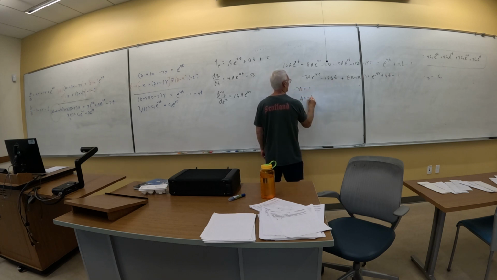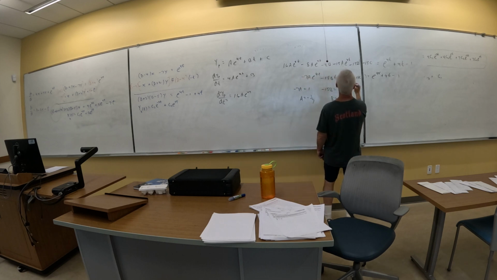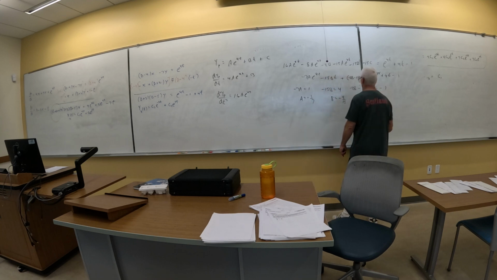So a is negative 1/7. Next, I have negative 15b equals 4. So b is negative 4/15. And finally, I have negative 2b minus 15c equals negative 1.